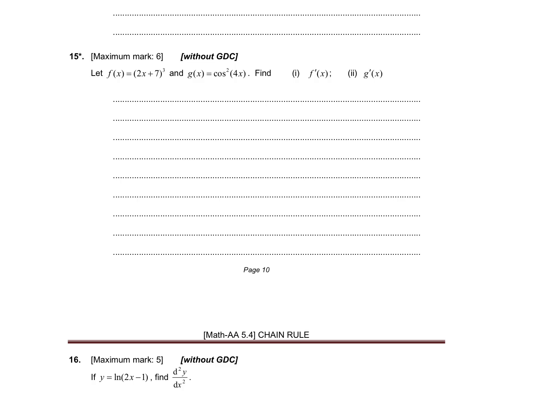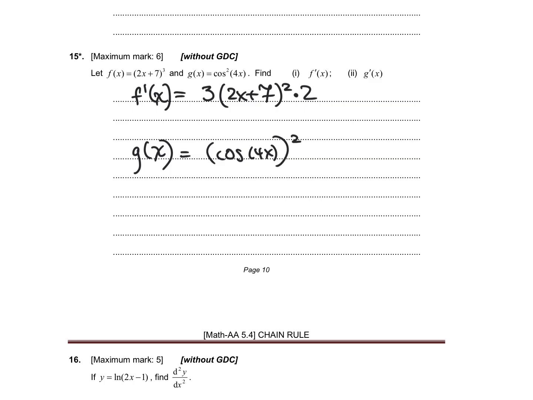15, f prime, we're going to have 3 times 2x plus 7 squared times 2. And g, so g is going to be cosine 4x squared.